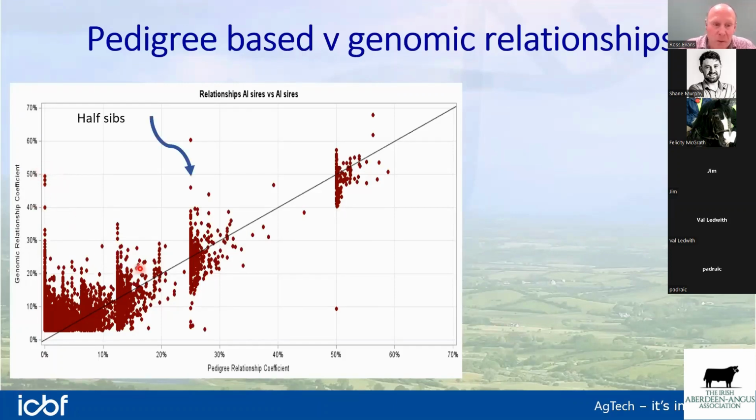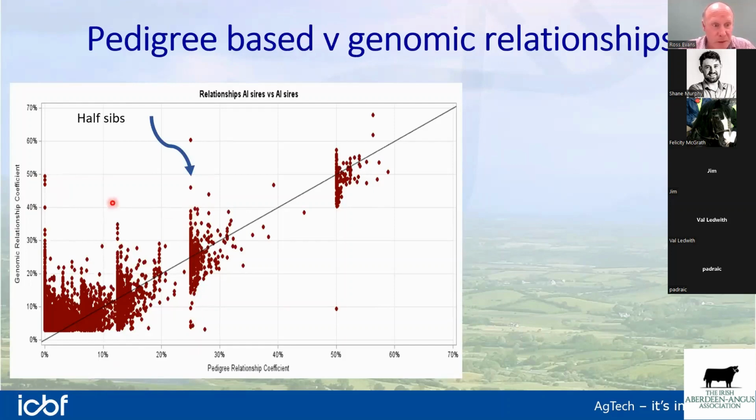The second group is this cloud here, and these are indicators of half-sib relationships. On average, they would have 25% in common based on a pedigree relationship. So all these animals along here, based on pedigree metrics, are indicated as 25% related.